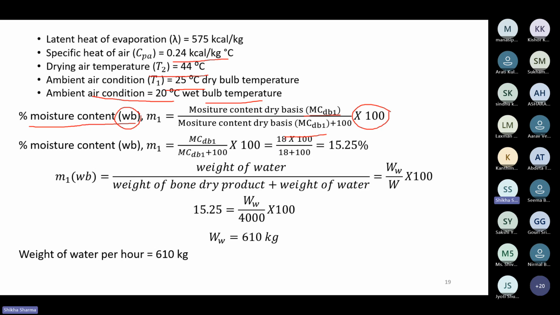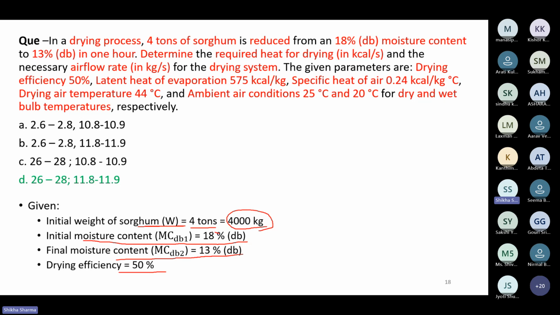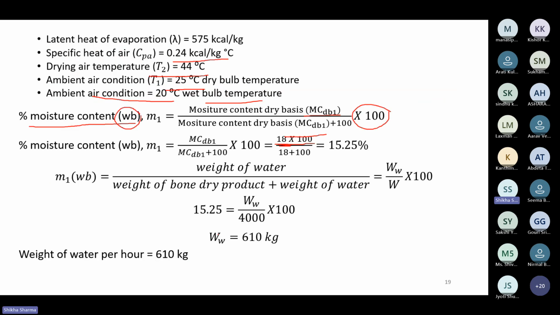The initial moisture content is 18% dry basis, so 18 into 100 divided by 18 plus 100. We are just converting from the dry basis to the wet basis. 18 plus 100 is 118.